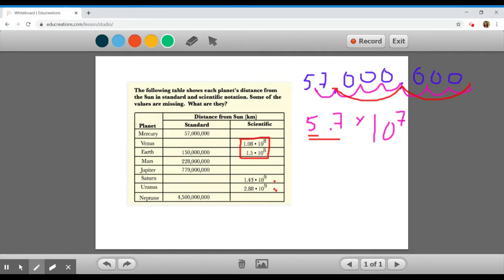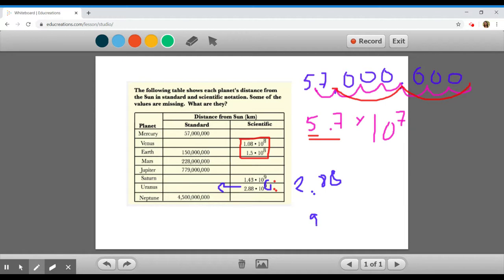For converting in the other direction, we'll go over one example of that. If I had a number written in scientific notation and I wanted to convert it back to standard form, I'd write out 2.88. I know that the exponent tells me how many times to move the decimal place. I know I need to move the decimal place 9 times. I'm going to move it in whichever direction makes this a larger number.